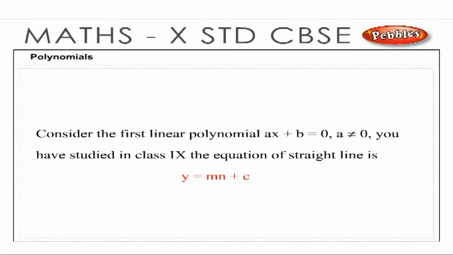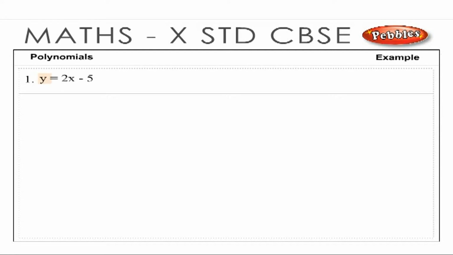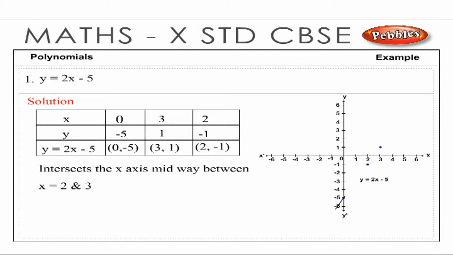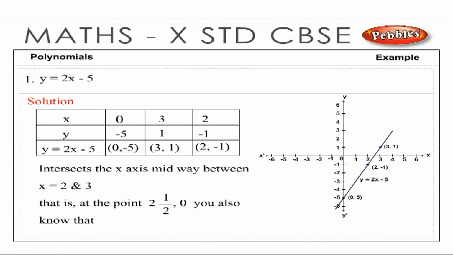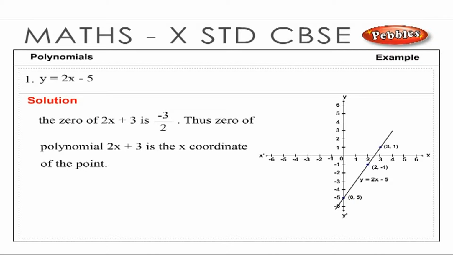You have studied in class 9 that the equation of a straight line is y equals mx plus c. Consider y is equal to 2x minus 5. The graph intersects the x-axis midway between x equals 2 and 3, that is, at the point 2 and 1 by 2, 0. You also know that the zero of 2x minus 5 is 5 by 2.